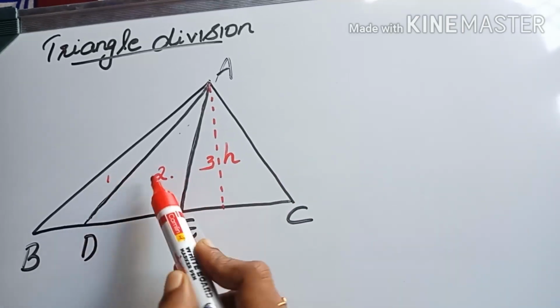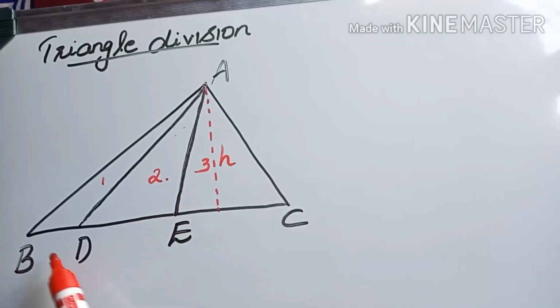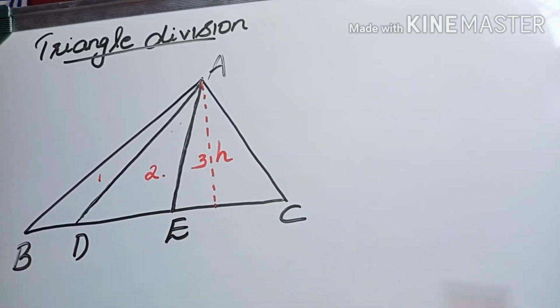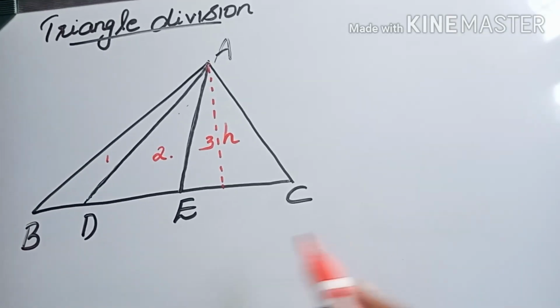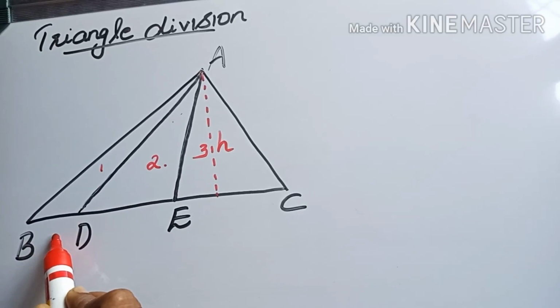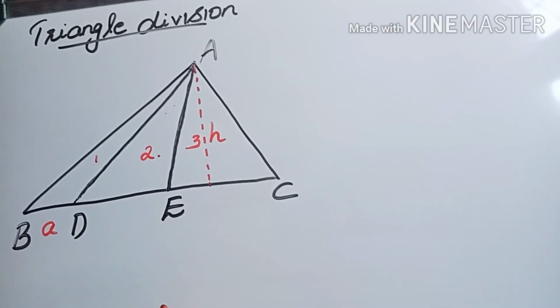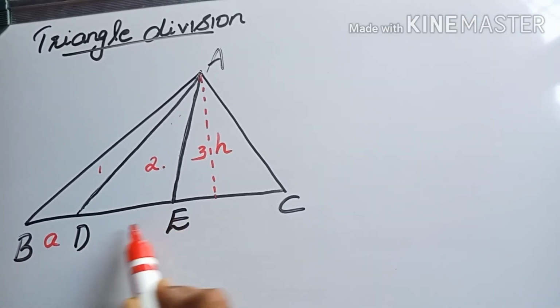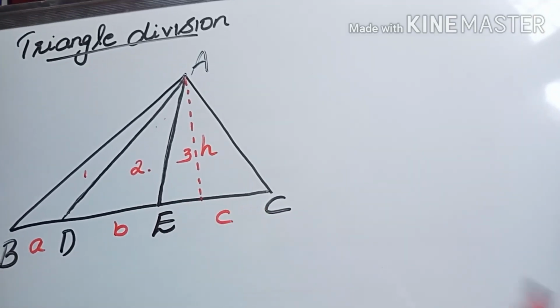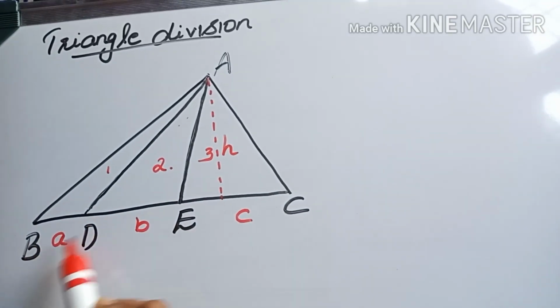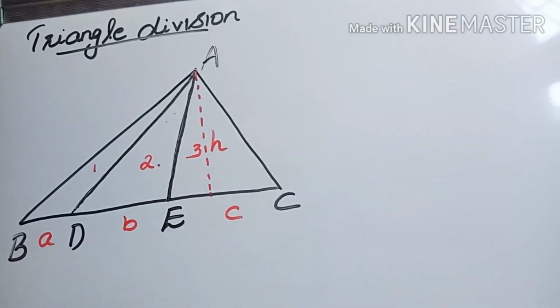Okay, these 3 triangles areas ratio and these 3 base ratio are same. That is, we need to prove. So let's consider the first base as small letter a. Okay, small letter a. So the second one as small letter b. Third as small letter c. Okay, so BD is a, DE is b, EC is c.